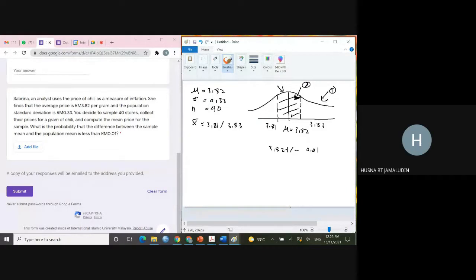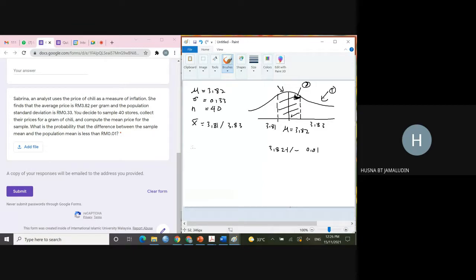Okay. Just to make it clear, that's why I mentioned this, because the morning class asked me the same thing. So I also want to make sure that you also get the same understanding. If you look at here, what is the probability that the difference between the sample mean, the x bar, and mu is 0.01? Less or more are the same thing.